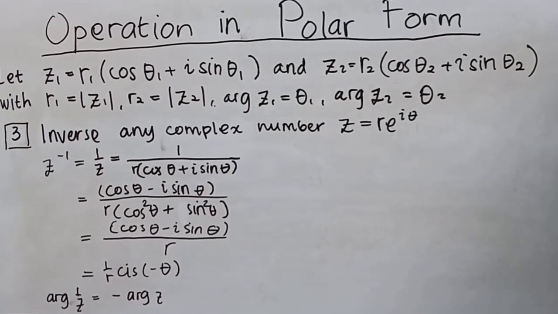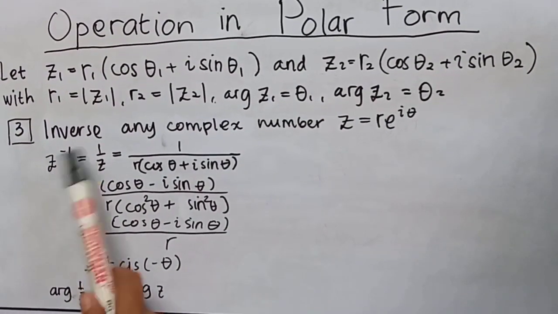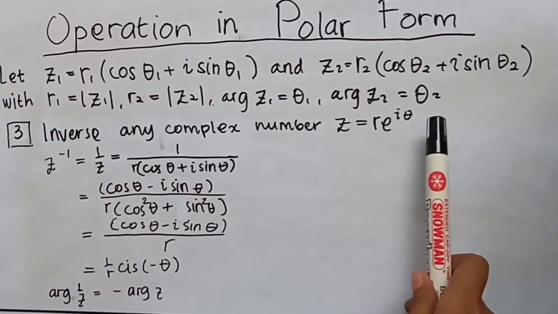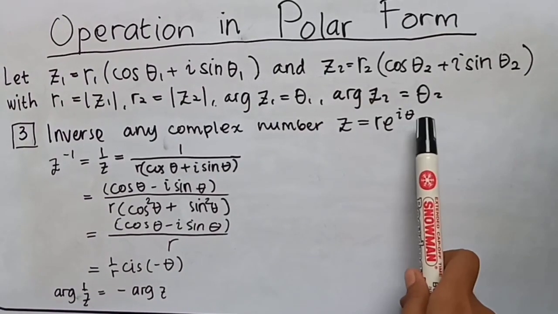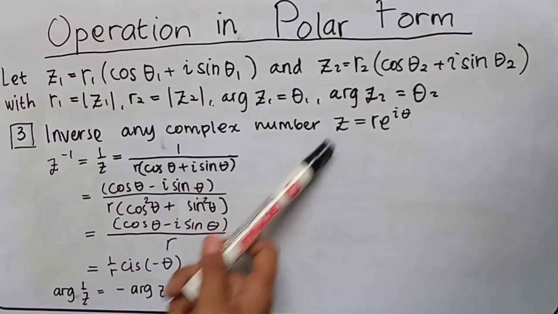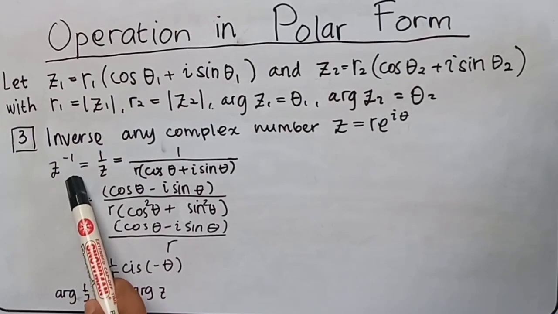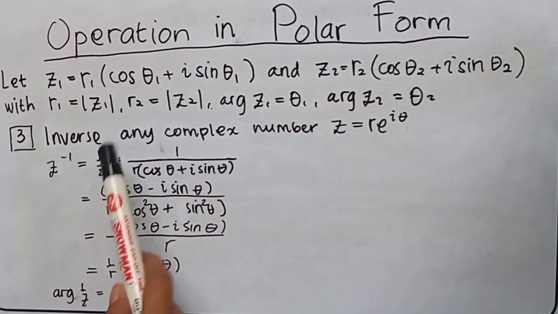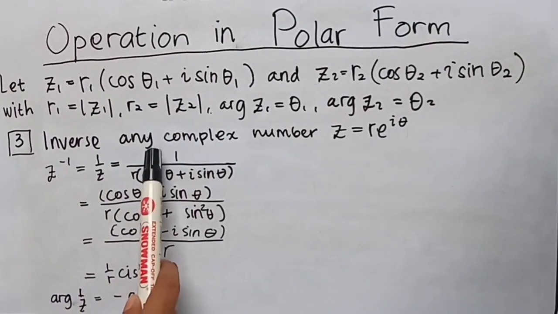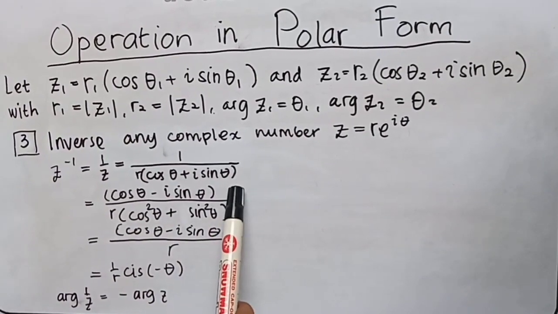Okay, now we will discuss the inverse of complex number Z. Here, for any complex number Z equal to R e power i theta, the inverse of Z is Z power minus 1. So Z power minus 1 equals 1 over Z. This equals 1 over R (cos theta plus i sin theta).